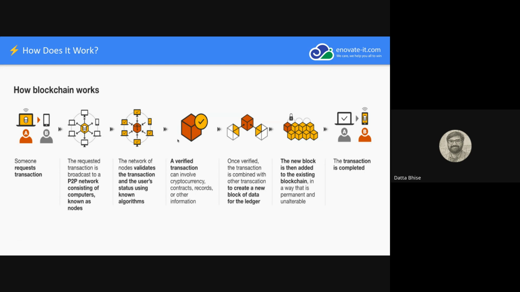Now the transaction is verified. Next, the verified transaction is combined with other transactions to create a new block of ledger data. Whichever miner got to create this block then broadcasts that block.